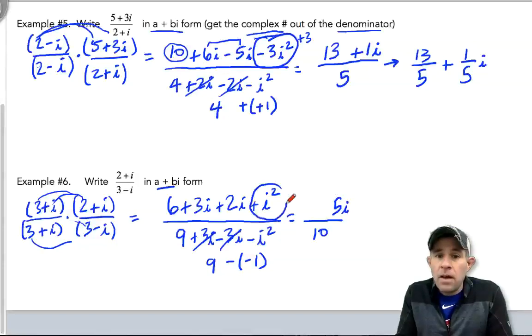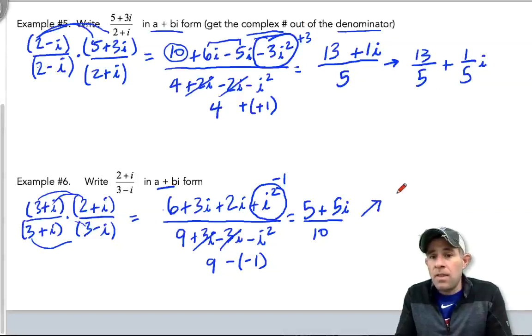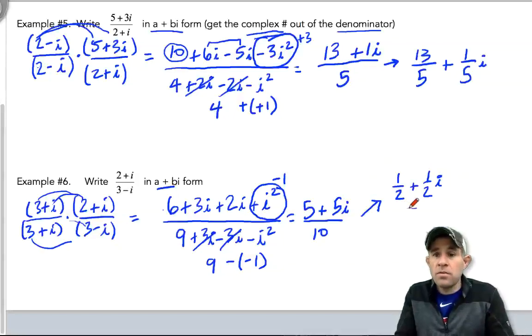And I have a positive i squared, which remember is negative 1. So this is 6 minus 1, which is 5. So I have this 5 plus 5i divided by 10. And that can be simplified to the complex number of 1/2 plus 1/2 i. And there you go. You've simplified that into a complex form.